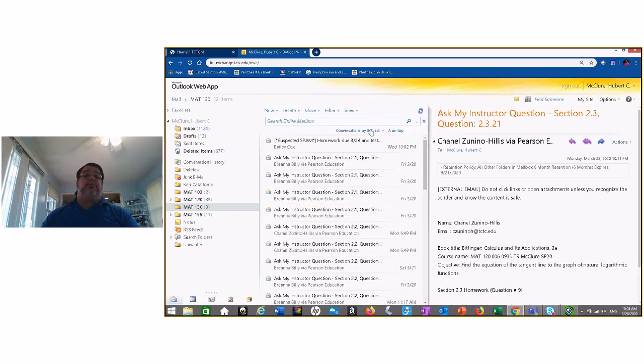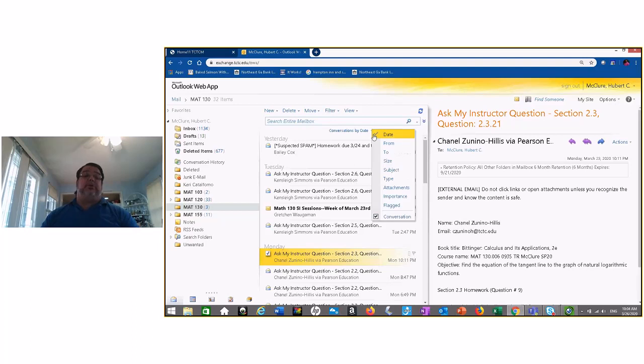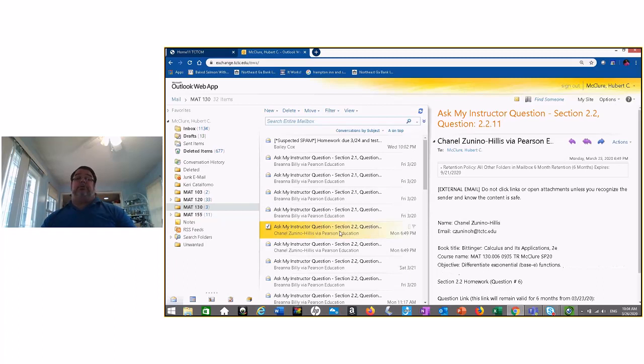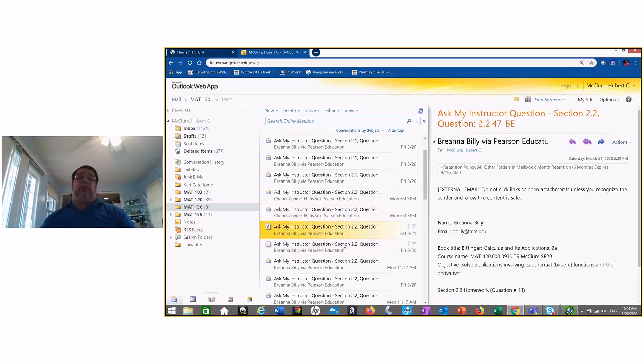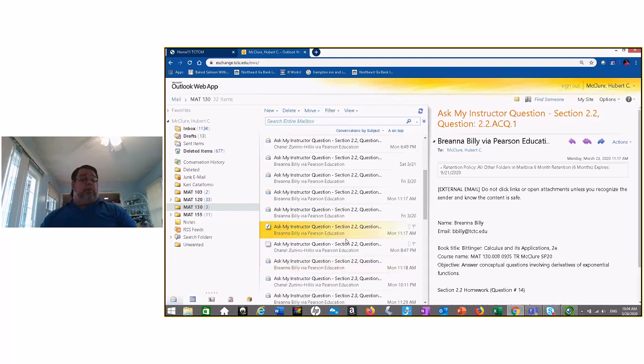Let me do by date again, date and then subject. 2.2 ACQ 14.